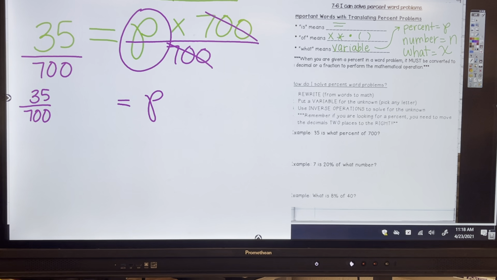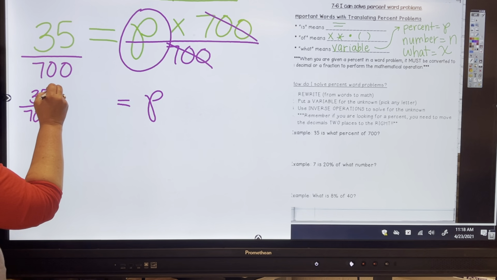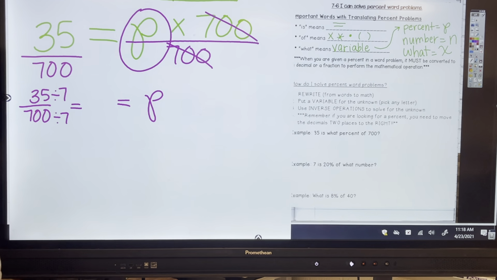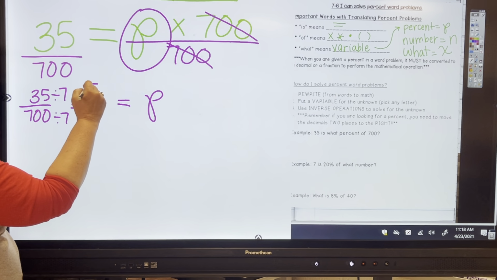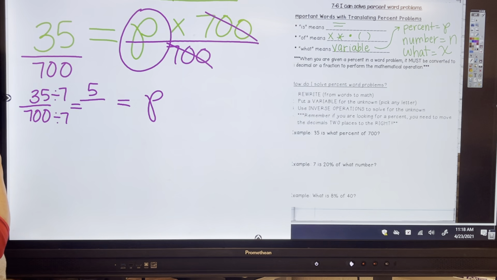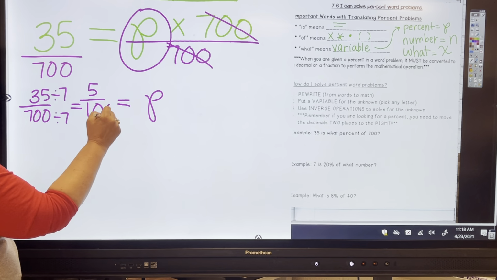Can I divide 35 by 7? Yes. So let's divide by 7. 35 divided by 7 is 5. 700 divided by 7 is 100.